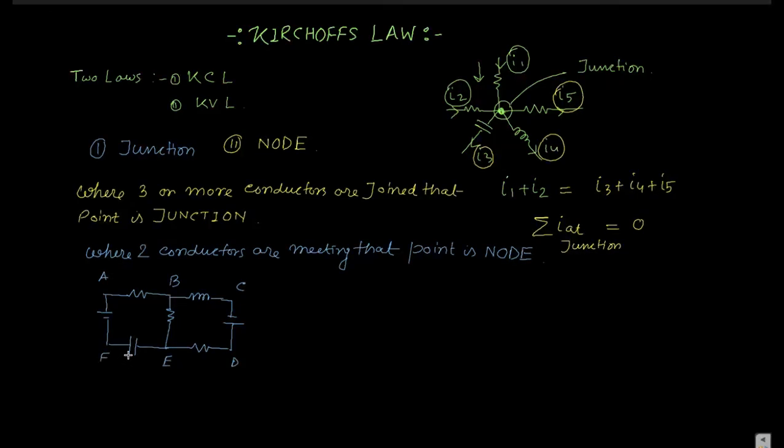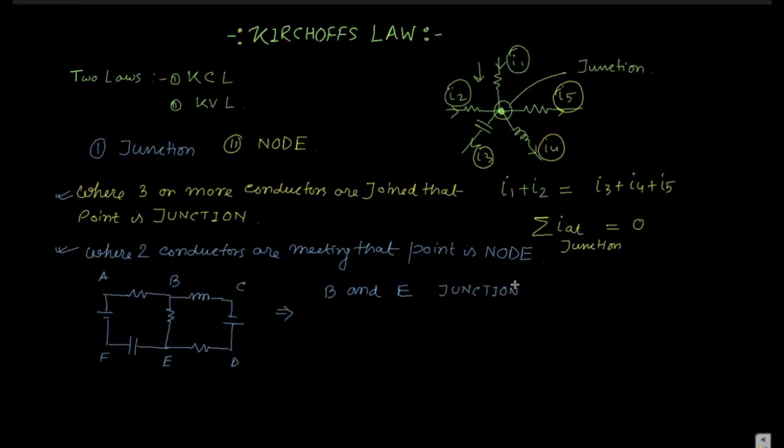Which one is the junction and which one is the node? How many junctions and how many nodes are there? Depending upon these two definitions, you can tell me. B and E are junctions. Very good.